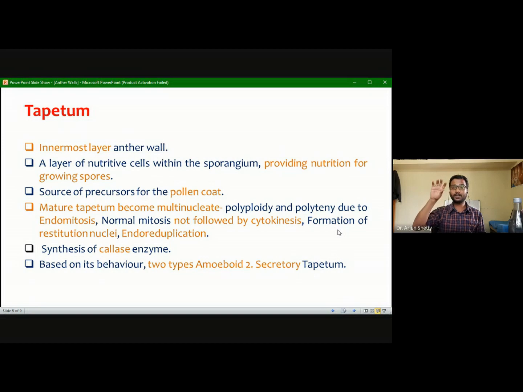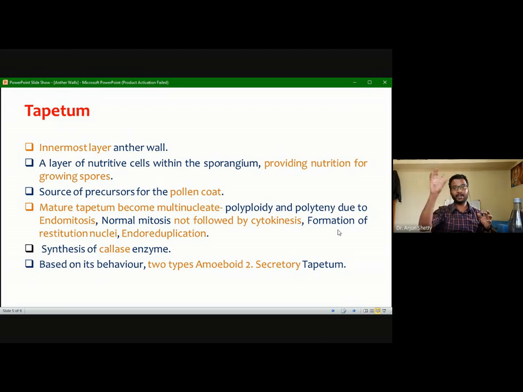Callose is a chemical compound holding those four haploid pollen grains as a tetrad. So callase is an enzyme released by the tapetum that breaks the callose molecule. When this enzyme acts on the callose, the tetrads become free, individual haploid pollens.